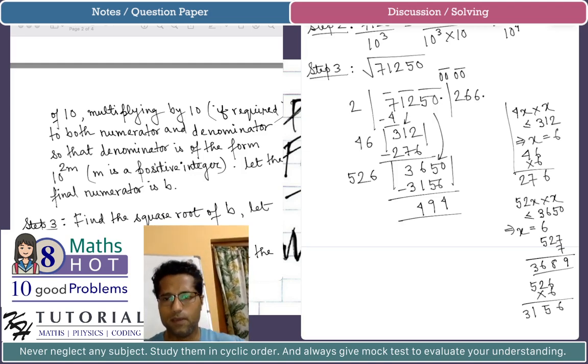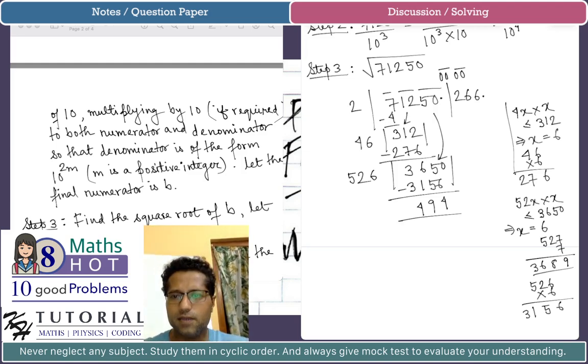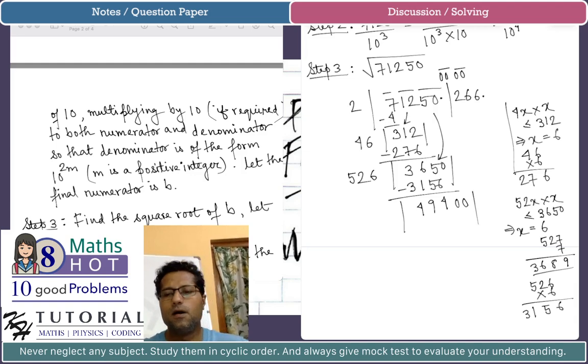Now if we continue with the long division, what will happen? We have the remainder 494. I will bring the next period, that is 00, over here, and the next partial divisor will be the current quotient ignoring the decimal point multiplied by 2. That is 1,  3, 2, 7, 3, 2.